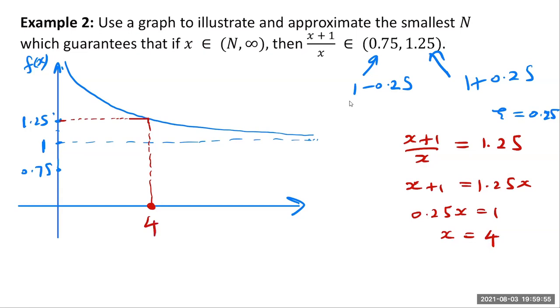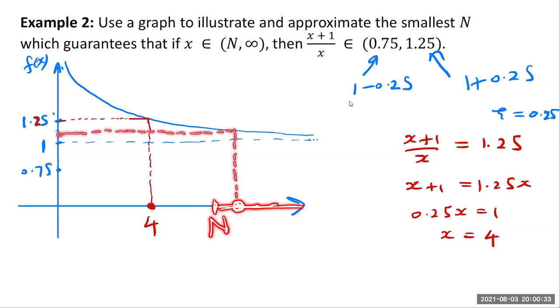Now, if I take my n value somewhere here, clearly for all x bigger than n, your y value will fall in this interval. Your y value will be between 0.75 and 1.25. Okay, is it clear? If you take your n here, for any x value in this interval, for example, say your x value is here, then your y value is here.